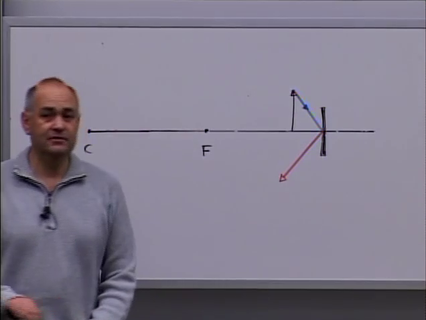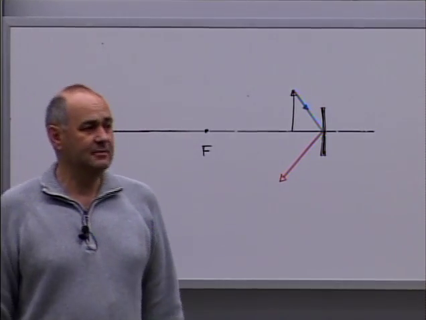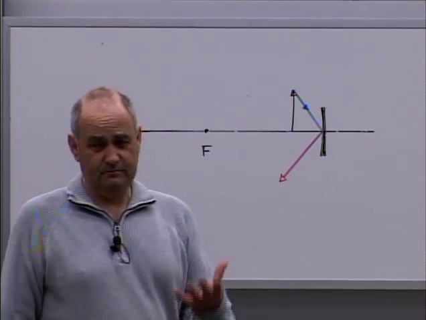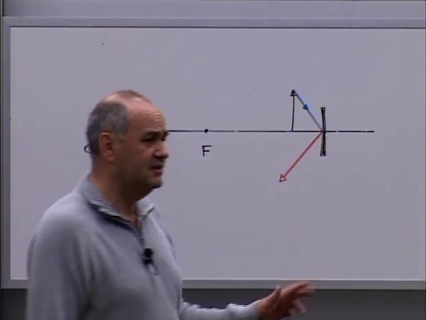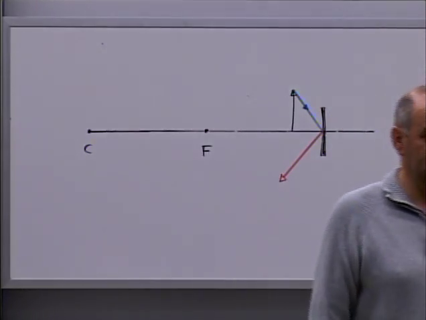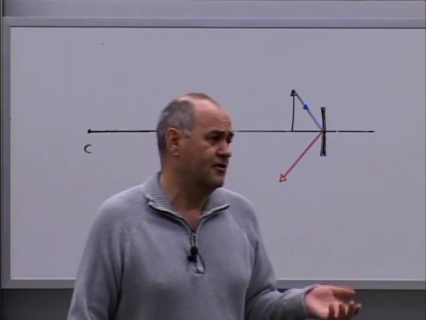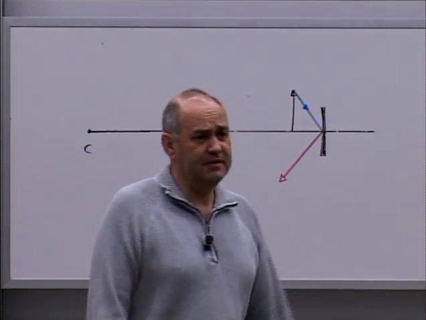Now, some of you used the parallel ray. Some of you used a focal ray as the second. And in principle, two rays are sufficient. And if you draw all four rays, then the picture becomes a little bit messy.